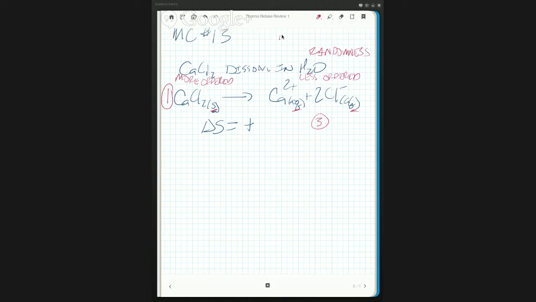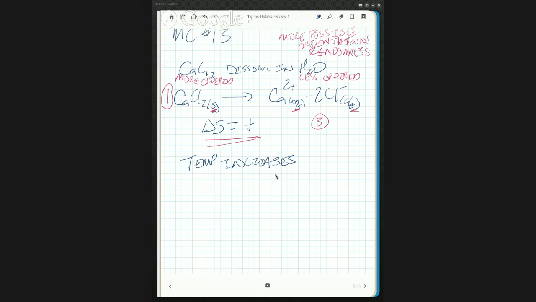There's more possible orientations. So delta S is definitely positive. Also, they said the temperature in the water increases.